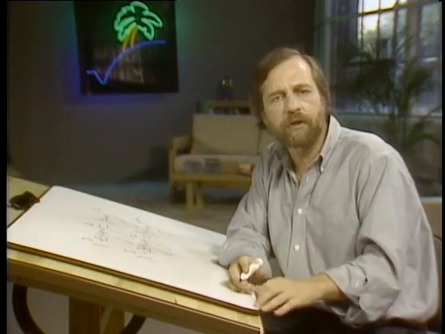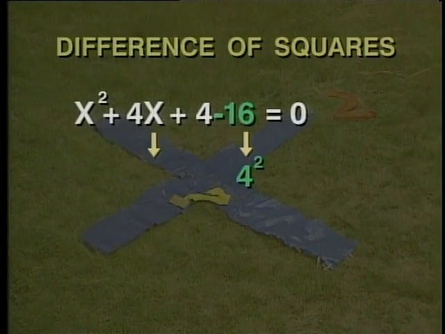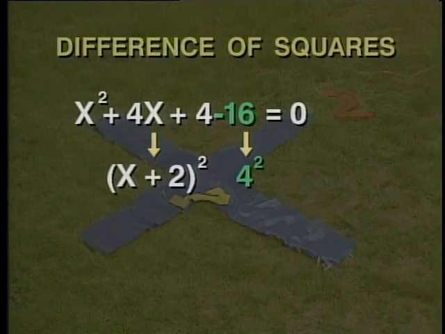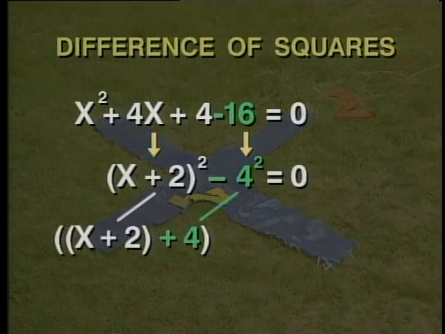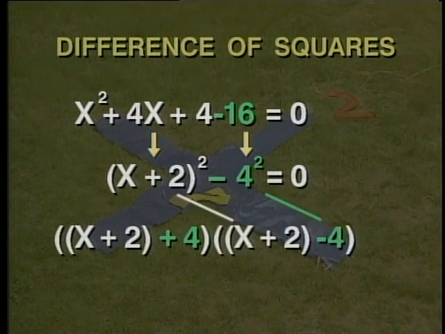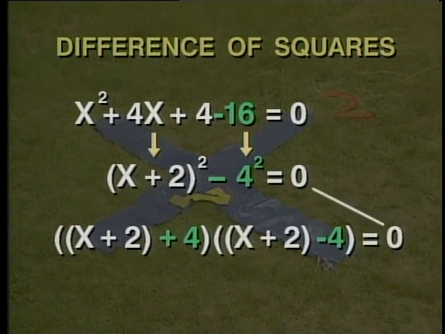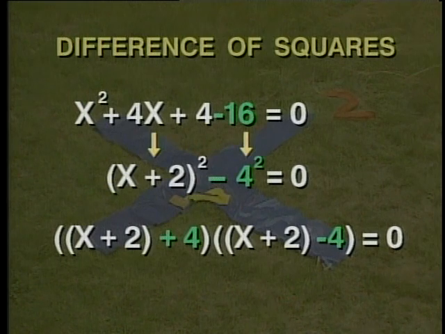So, returning to our example, x squared plus 4x plus 4 factors as x plus 2 squared. Now we can see that we have one expression squared minus another expression squared equals 0. And this factors as x plus 2 plus 4 times x plus 2 minus 4 equals 0. To solve this, we just need to set each factor equal to 0 and solve for x.